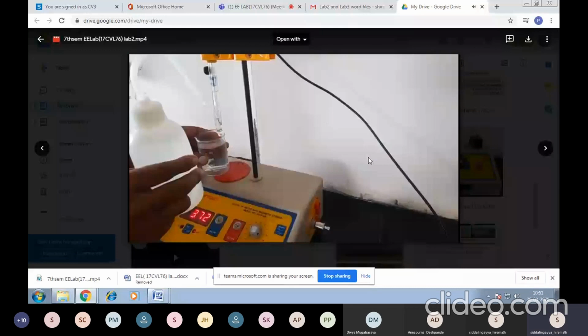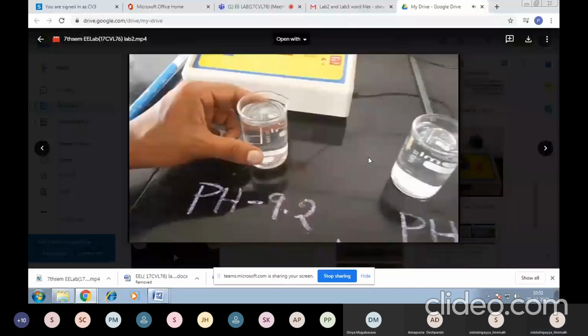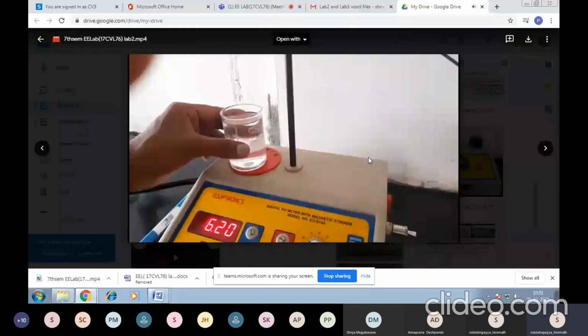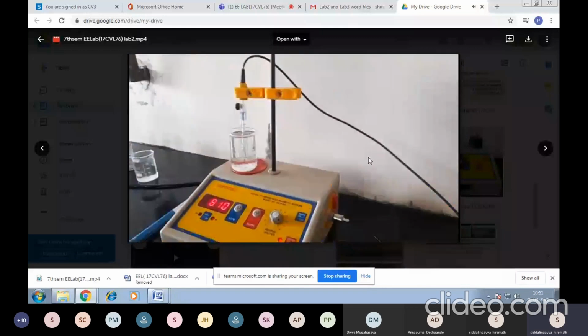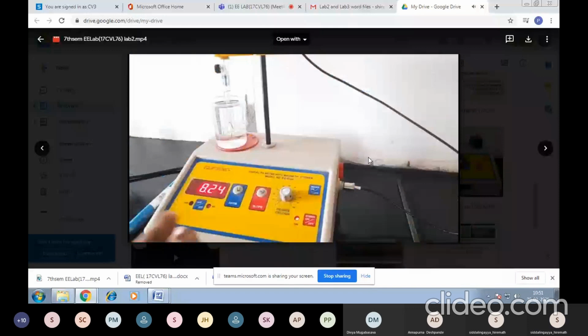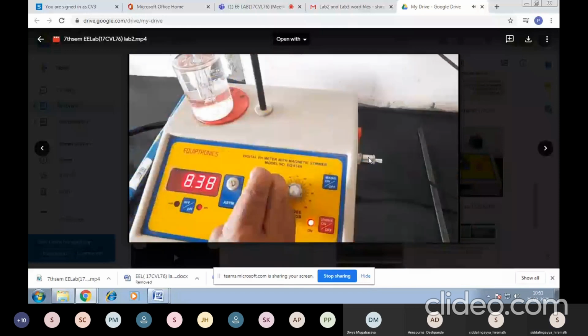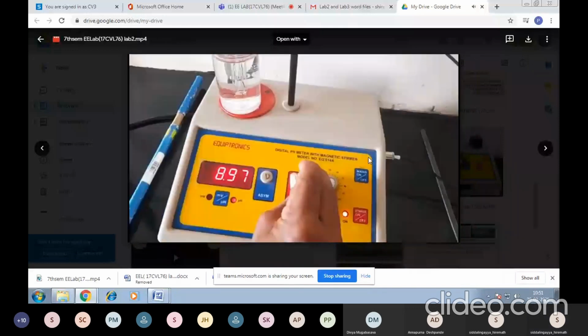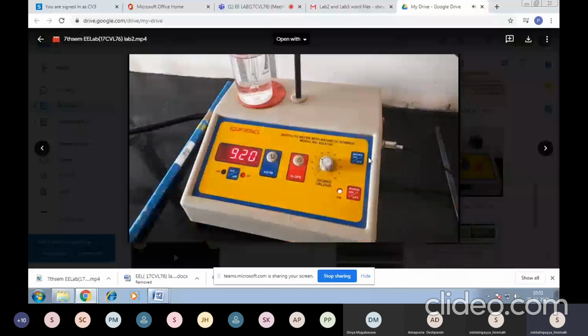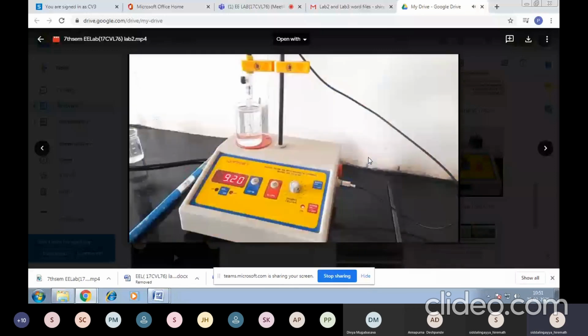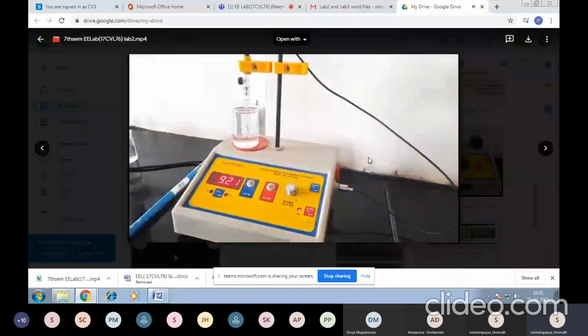Immerse the electrode in the solution of pH 9.2 and adjust the slope knob so that the display reads the pH of the buffer, and tighten the unit. Now remove the solution of pH 9.2 and wash the electrode with distilled water again.